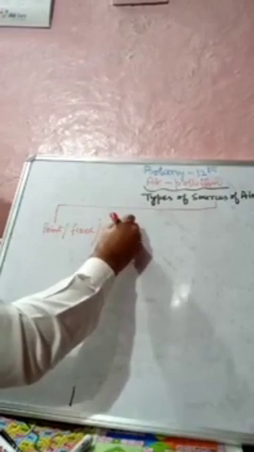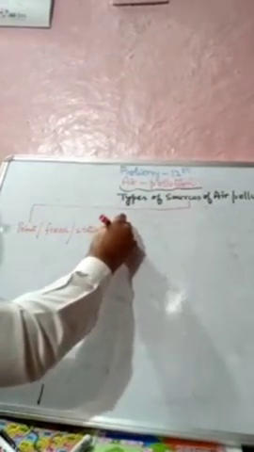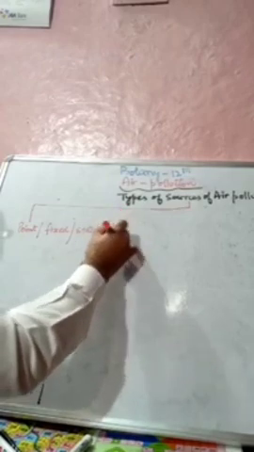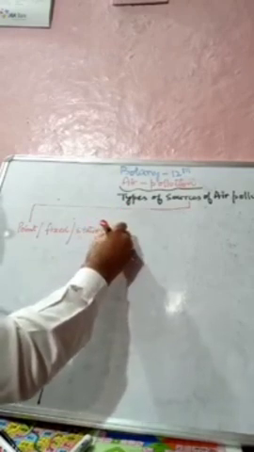First one जो हमारे पास आता है, that is called point, fixed, or stationary source. So the first type of sources of air pollution is the point, that is the fixed or the stationary source.